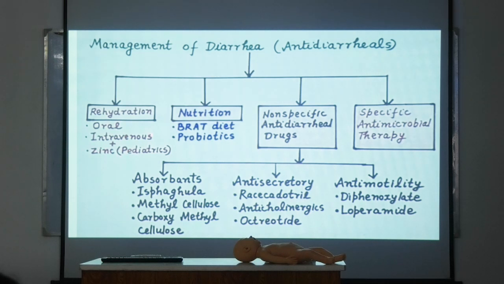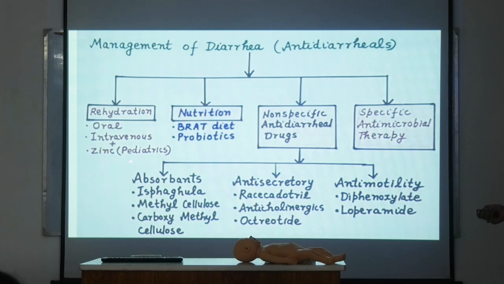But very important, it is discussed under this heading: zinc. Please remember, I don't know whether any of you have taken it, but in the pediatric population less than 5 years, when we were passing out, this concept then came. Now it is quite an old concept.